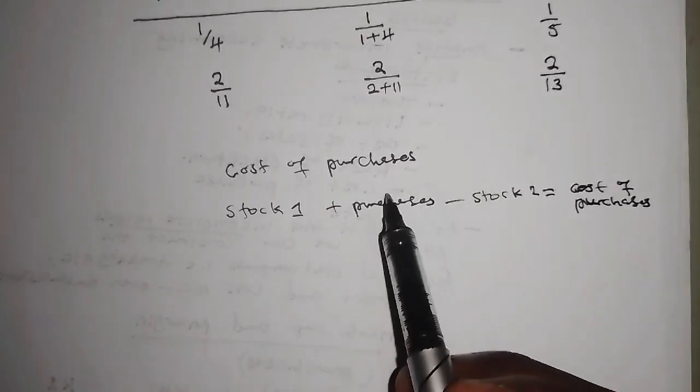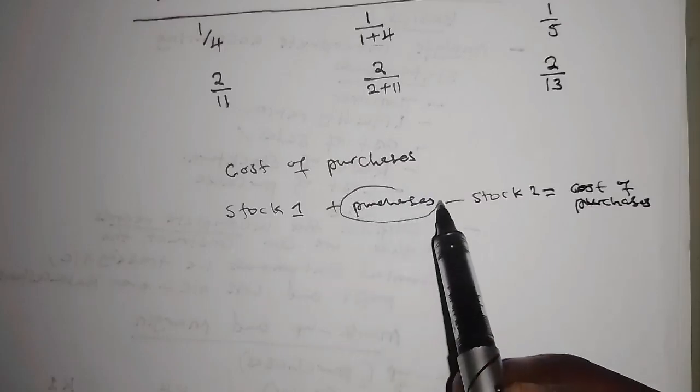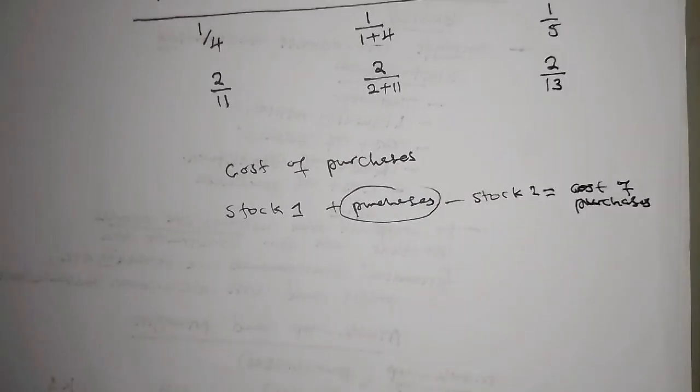Now when you look at this one, we don't have the purchases, so it becomes very tricky.